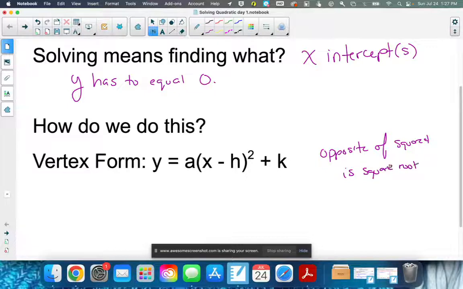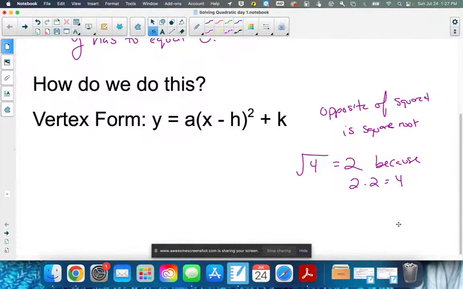I need to make a side note on this because when we take the square root of something, there are actually 2 possible answers. I'll show you what I'm talking about. The square root of 4, you're going to tell me, okay, that's 2 because 2 times 2 equals 4.